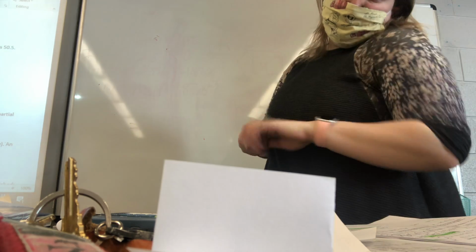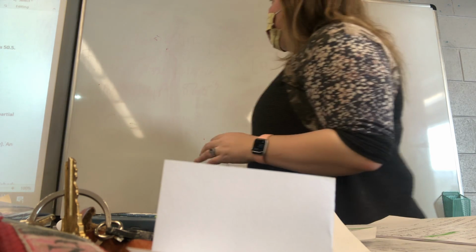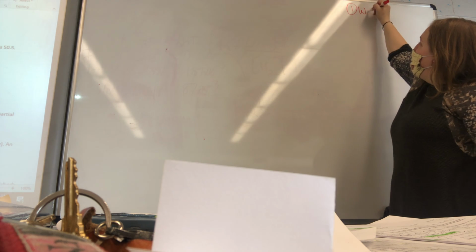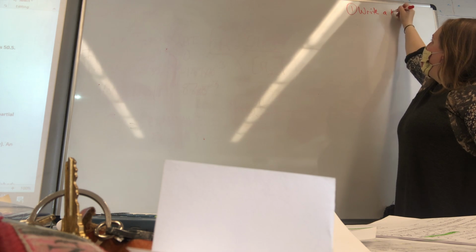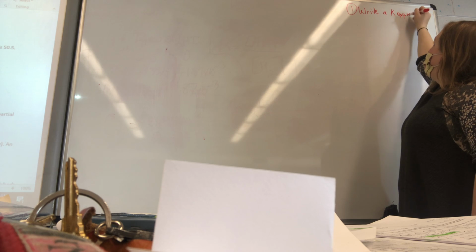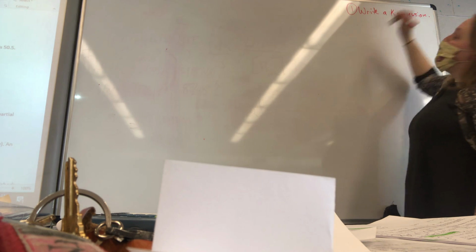All right. I will remind you that when it comes to equilibrium problems, the first thing you're going to do is write an equilibrium expression. So we're given information about what's happening in this particular flask.